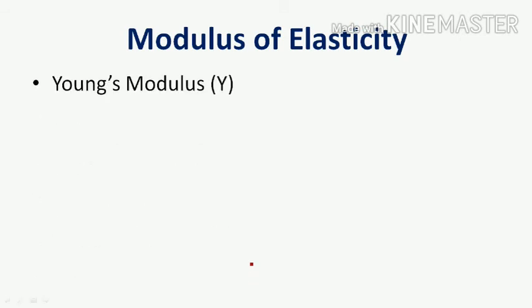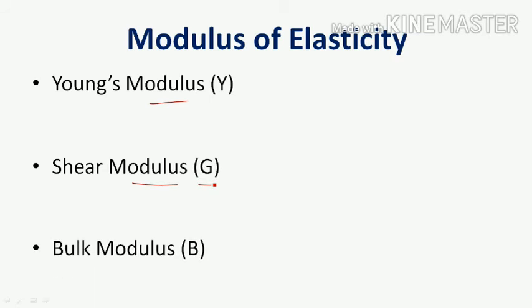There are three types of modulus of elasticity. The first one is Young's modulus of elasticity, denoted by Y, the second is shear modulus, denoted by G, and the third one is bulk modulus, denoted by B. The elastic modulus is simply stress by strain.